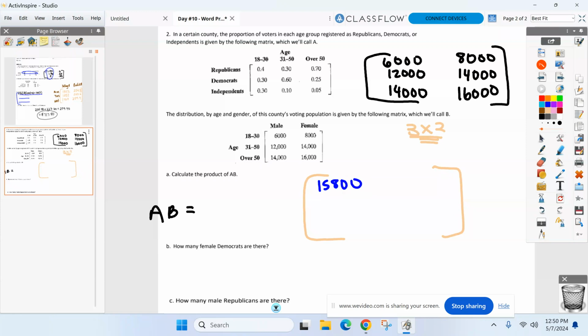Row 1, column 2, 18,600. If they don't match, you got to let me know. We got to figure out what you're typing in your calculator. Row 2, column 1, 12,500. Row 2, column 2, 14,800. And I'll wait because I know some of you are on that third row.